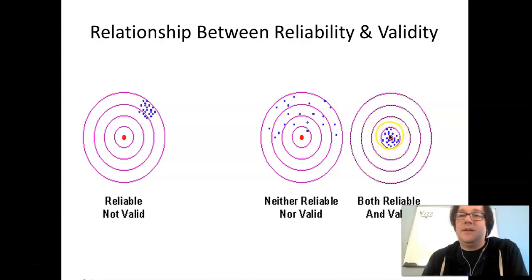Some measurement error. They're not all gonna fall directly on the bullseye. That's cool. That's fine. This is what we want, right? We want our scores to be hitting our target, measuring what we say that they're measuring, and we want the scores to consistently measure what we say they're measuring.